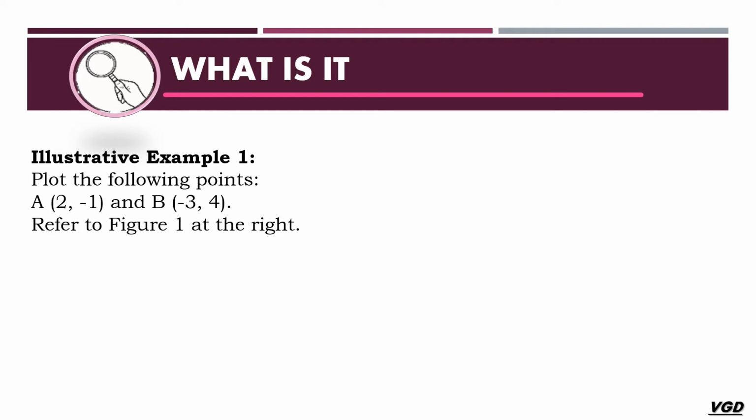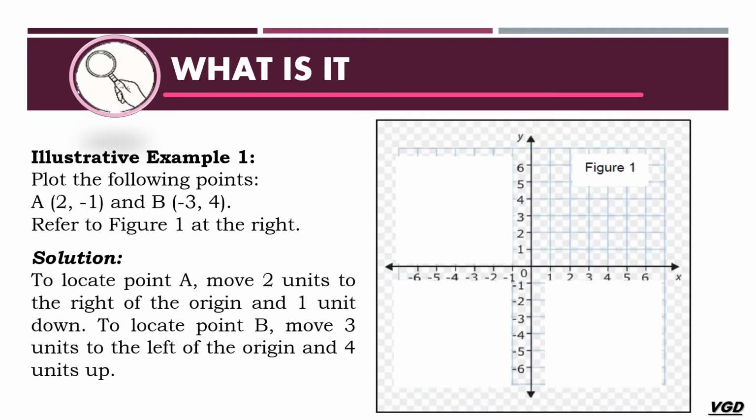Example 1, plot the following points. We have here point A with the coordinates of 2, -1, and point B with the coordinates of -3 and 4. So we need to plot the following points in the Cartesian coordinate plane. So we need to have a Cartesian coordinate plane. So in this case, how to plot the following points?